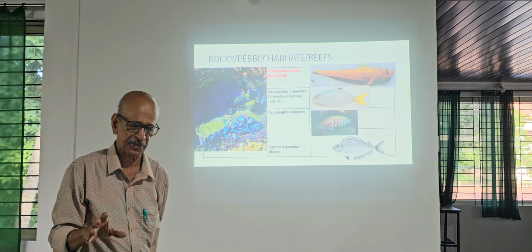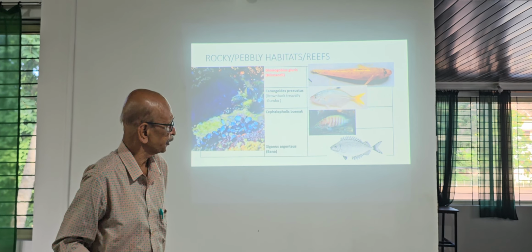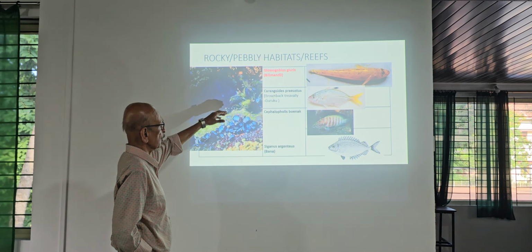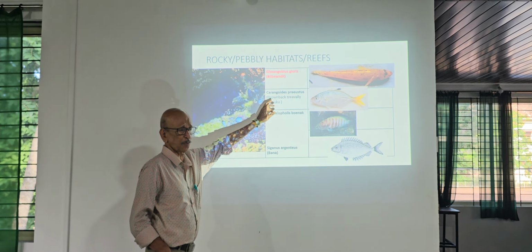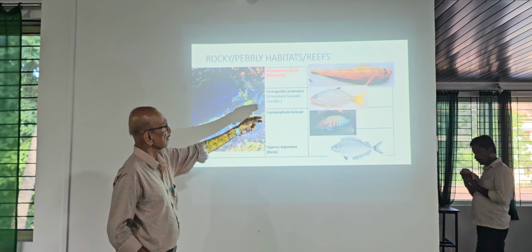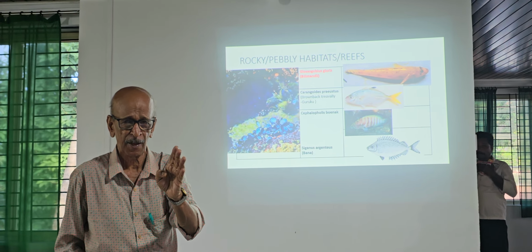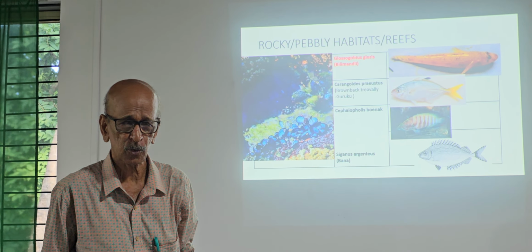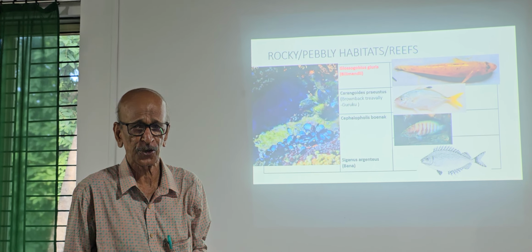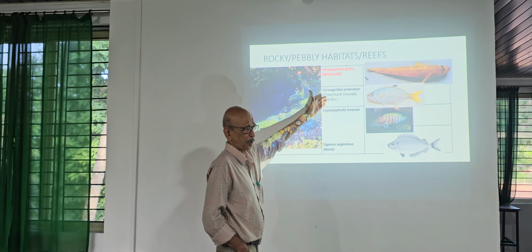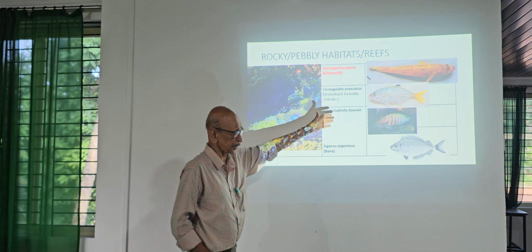There is clear water there, and several fishes are associated. Notably, I can talk about all these various kinds of Karangidi fishes, which are very tiny, small fishes, but they play a very crucial role in the ecosystem sustenance, and also they provide food for thousands of people all over the country.